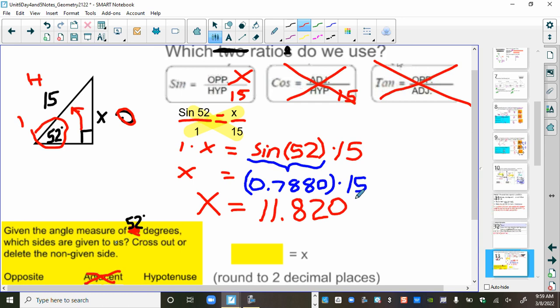So first you figure out what trig ratio or ratios you will use. And then you need to identify what's given to you, substitute, and solve. That's basically what we have going on here. But the name of the game is identifying what's given to us.